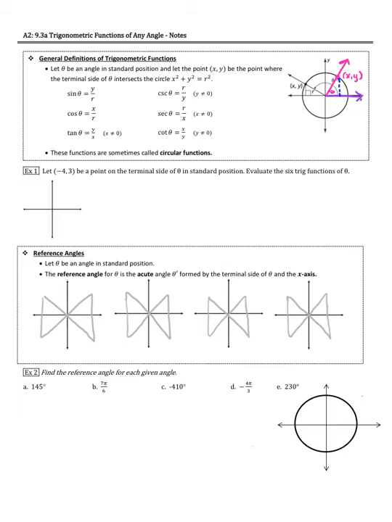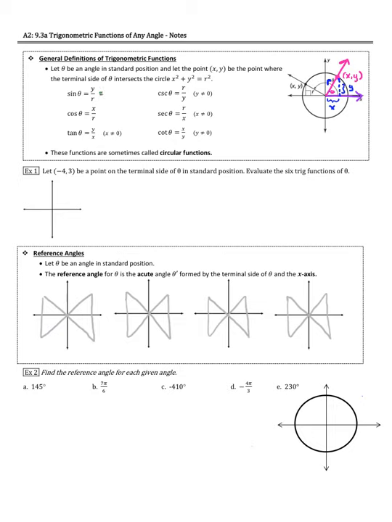Now, the hypotenuse of that right triangle represents the radius of the circle, and the adjacent side is the x coordinate, and the opposite side represents the y coordinate. So when we do our trig, we can translate.